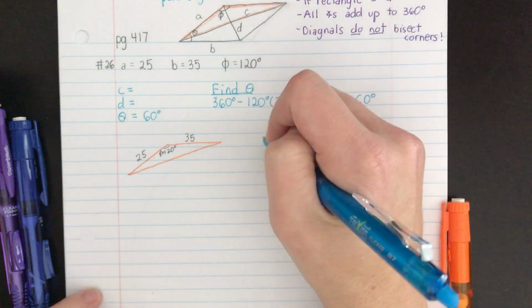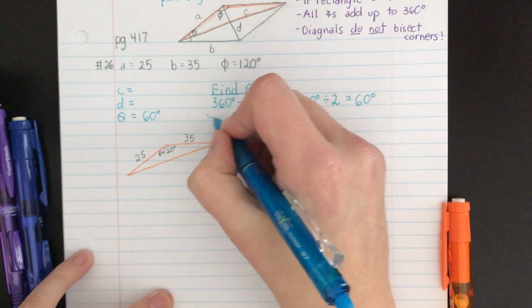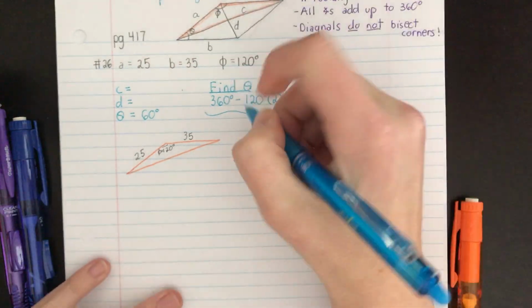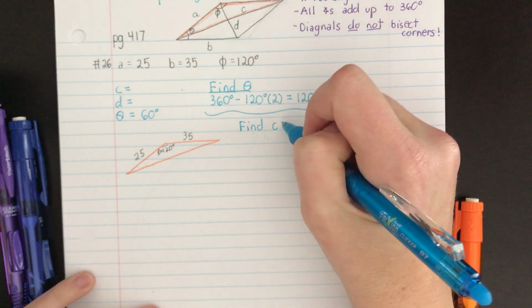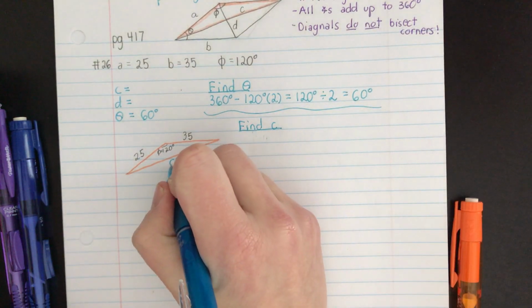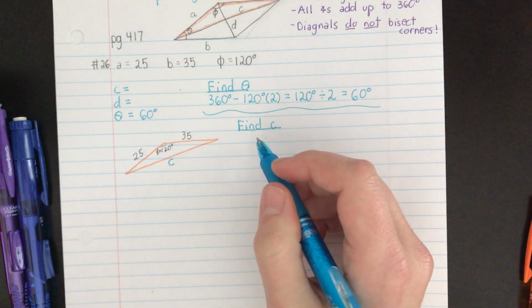So to find C, we're going to call this C, and we are going to use our law of cosines.